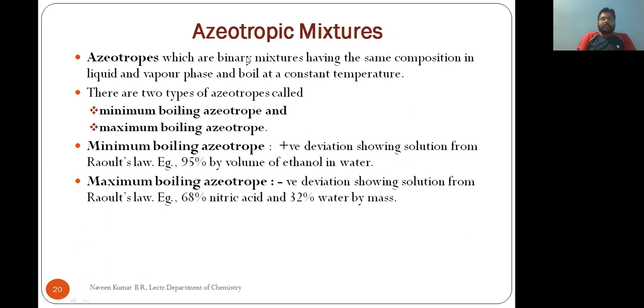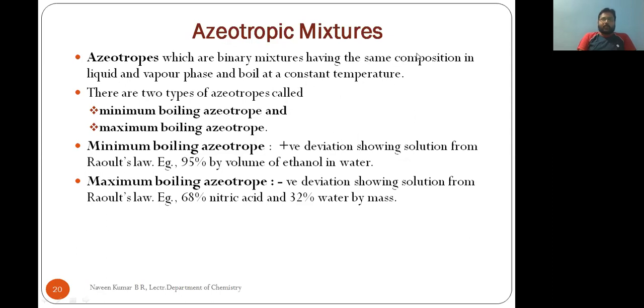In a specific composition, if two components are mixed, the attractive force formed between the solute and solvent, either weaker or stronger in the solution, will make their escaping tendency into the vapor phase attain this specific composition.